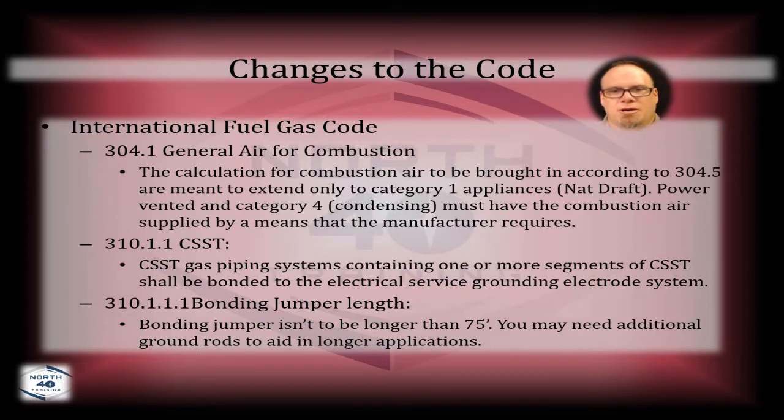So there are some that have made the attempt to skirt that portion of the code because there's such a long distance between where they need to be bonding and where they need to terminate at, that they will put their clamp on, run 75 feet of bond wire, run a ground rod, clamp to that, clamp a second 75-foot length of bonding wire, and go all the way to wherever their termination on the grounding electrode system is going to be.